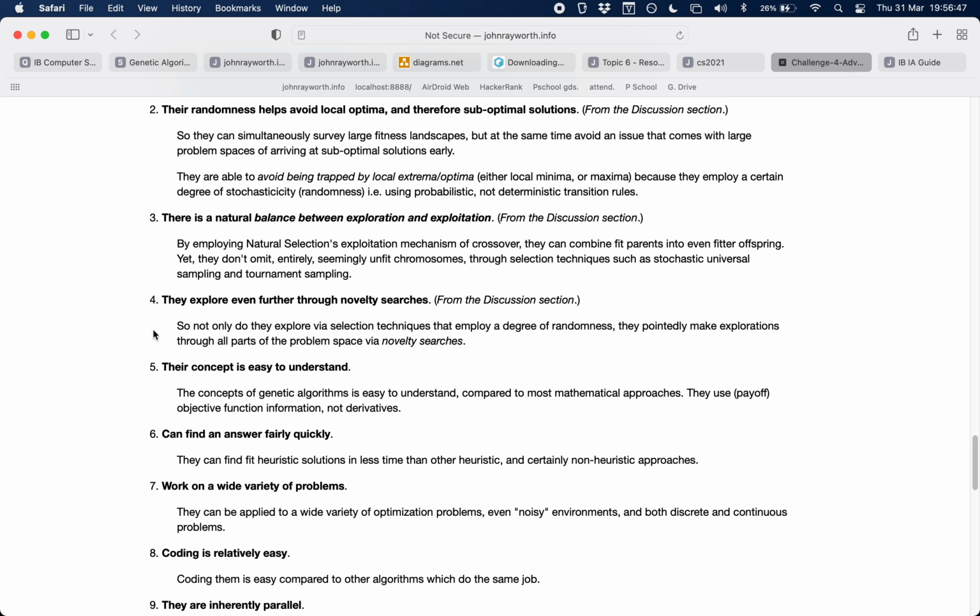So there's exploration by throwing in mutations, but we have even these directed, not just mutations and see what we end up with, but actual directed novelty searches. So we're saying, okay, we're not going to go the direction that seems most obvious. We're purposefully going to go over there or over there and try these different routes just to see. And hopefully 1 out of every 1,000 or 1 out of every 100 or whatever ends up yielding something that's very useful to the evolution of our genetic algorithm.